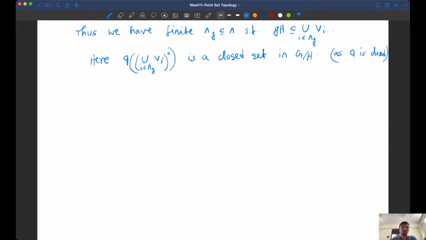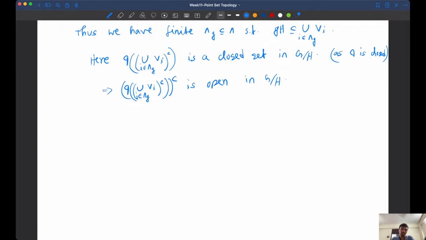Once this is closed, its complement is again open. So the whole complement is open in G mod H.